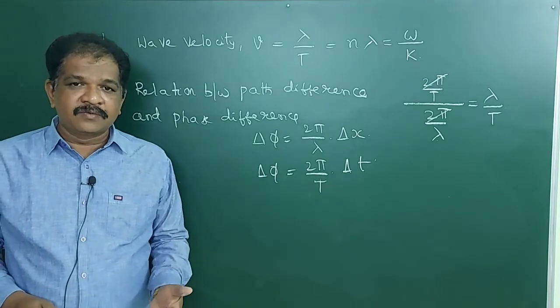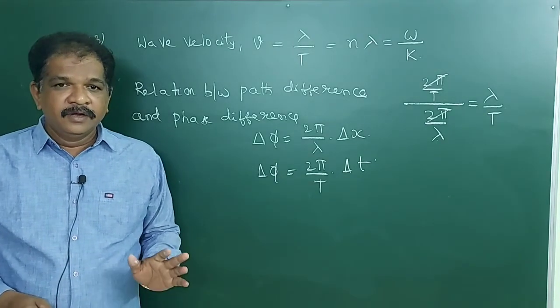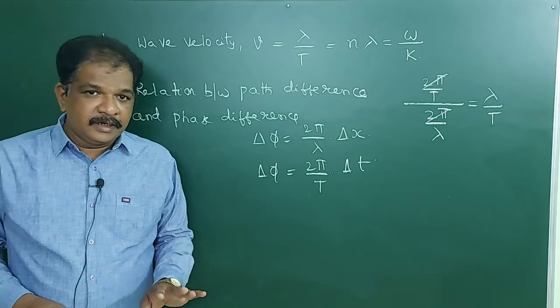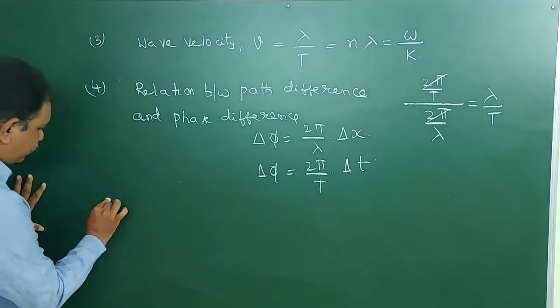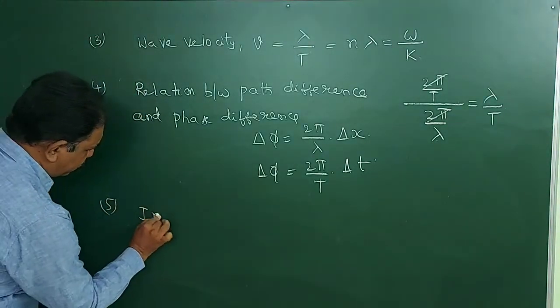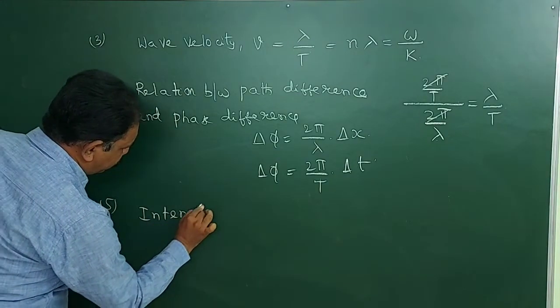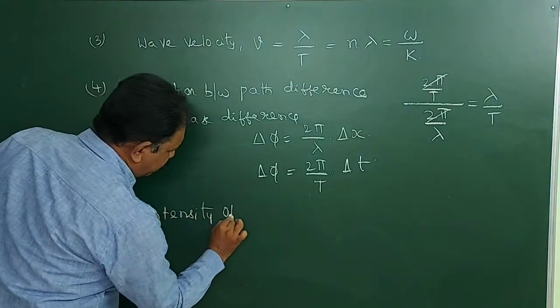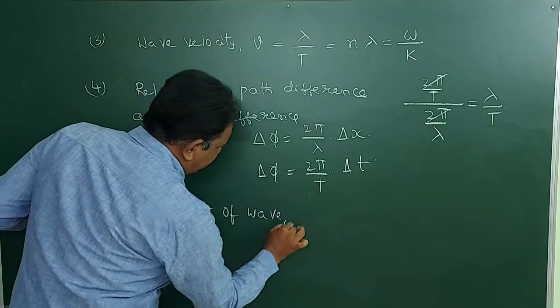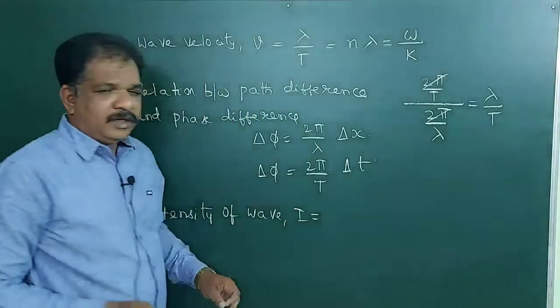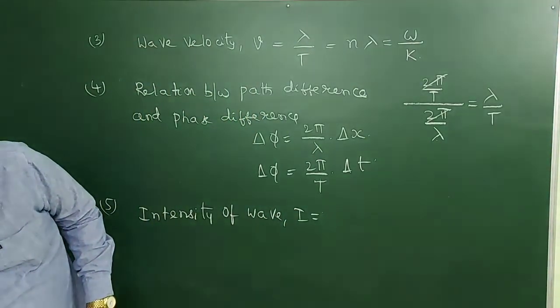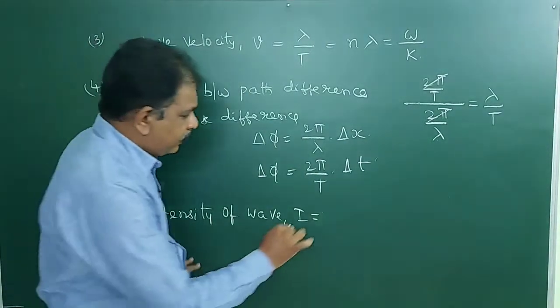And next they will ask what is the formula for calculating the intensity of the wave. Energy emitted per unit area per unit time will be called the intensity.